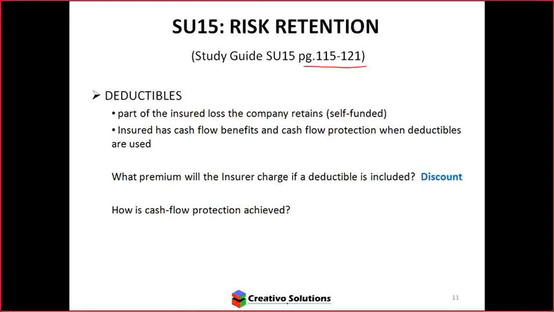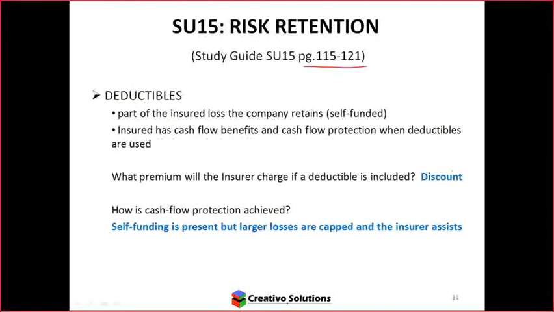So how is cash flow protection achieved then, Melanie? Because as the insured, we need to protect our cash flow. What did we say is going to happen if we elect to choose a deductible? Are we going to pay a higher premium? A lower premium, yes. So when paying a lower premium, the self-funding is present, but larger losses are capped, and the insurer assists with the damages.